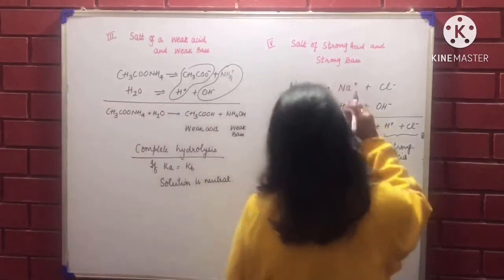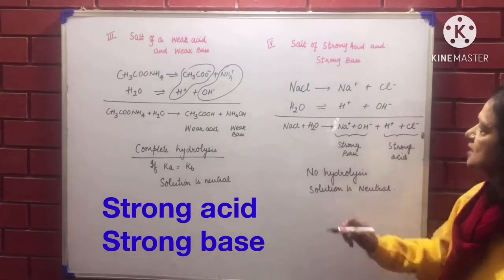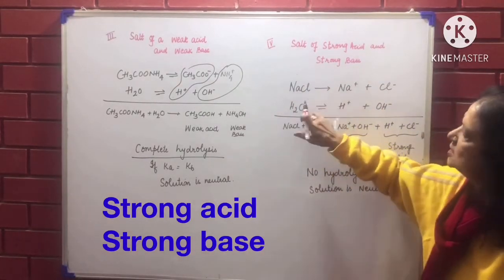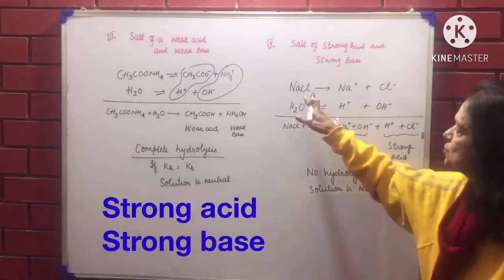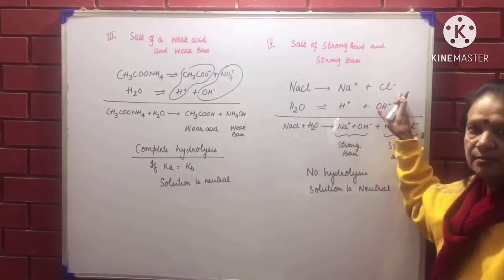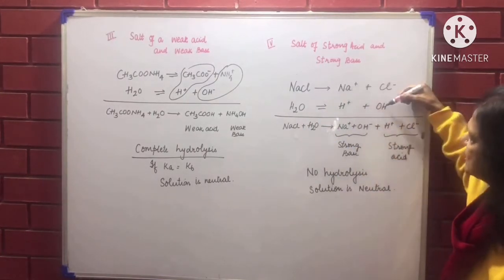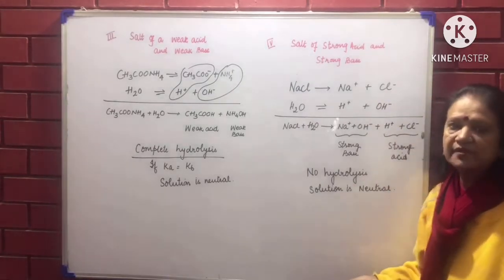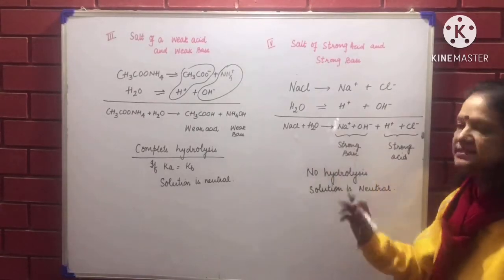If I take the other category, which is salt of a strong acid and a strong base, NaCl is made from NaOH and HCl. NaOH is a strong base, HCl is a strong acid. So NaCl gives Na plus ions and Cl minus ions. Water is giving H plus and OH minus. Now NaOH can be formed, HCl can be formed, but both of them are very, very strong, so they finally change into their ions as soon as they are put in water.